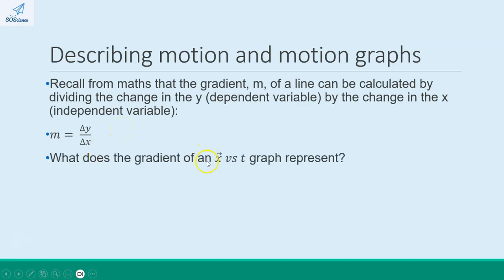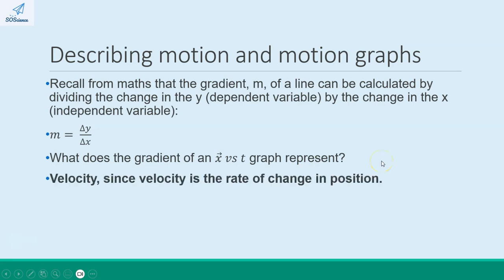Now the gradient of an x versus t graph is always going to represent velocity, because velocity is the rate of change in position based on a position time graph. The gradient v will be the change in position over the change in time.